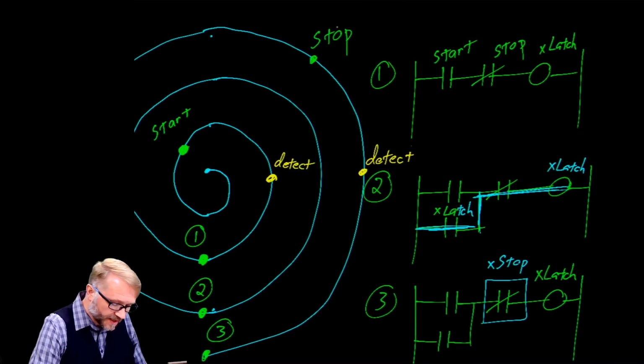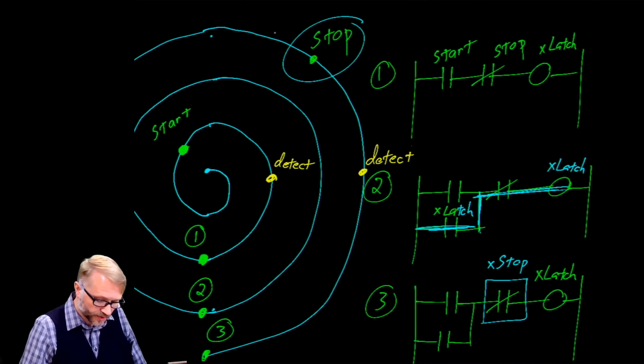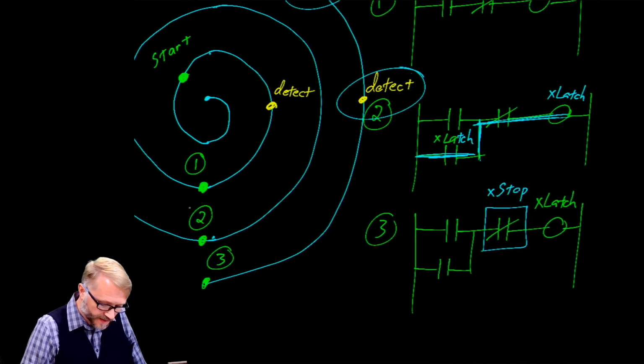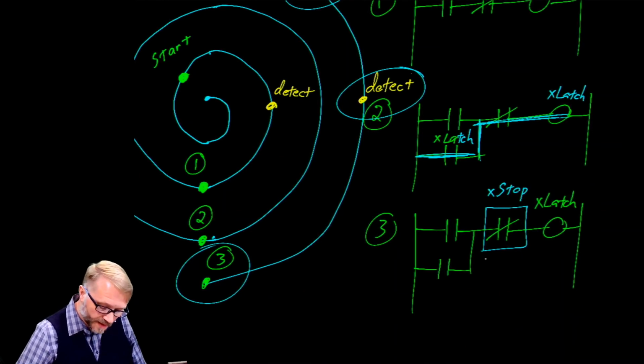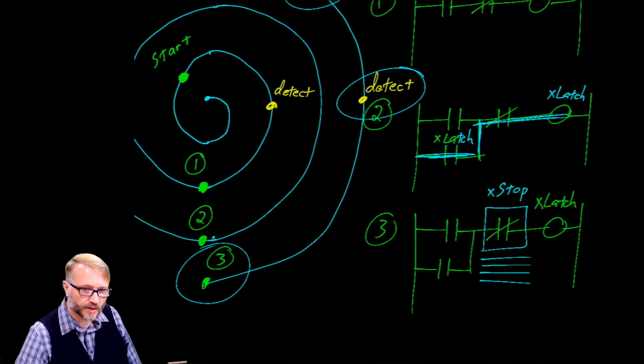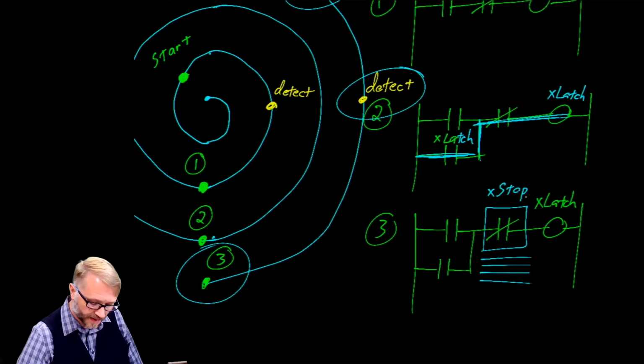We already stated that the stop button has been pushed, it's been detected, and we've declared that we're here at point number 3. When this instruction evaluates the memory location, it will find that the stop button has been pushed, and this instruction will evaluate as true. When it evaluates as true, the latch will be released.